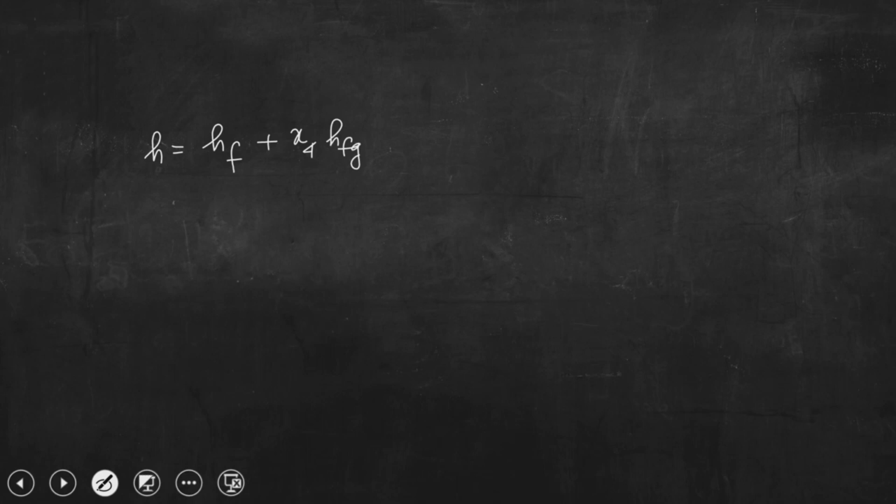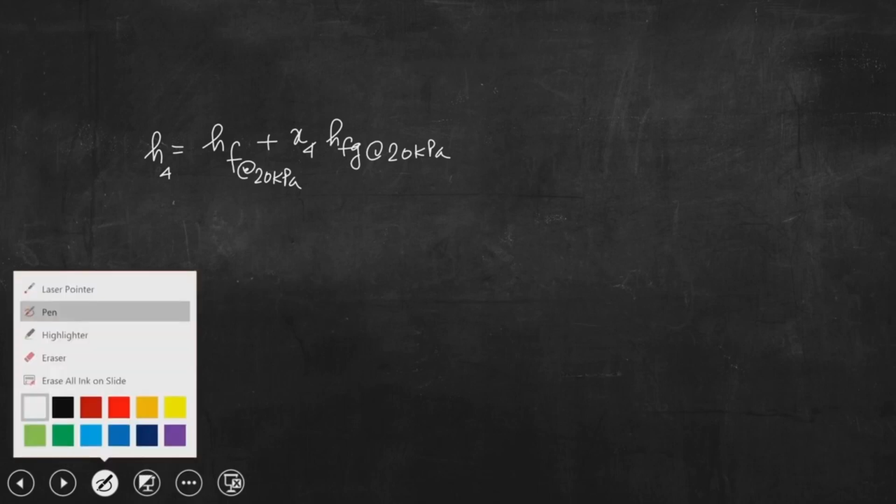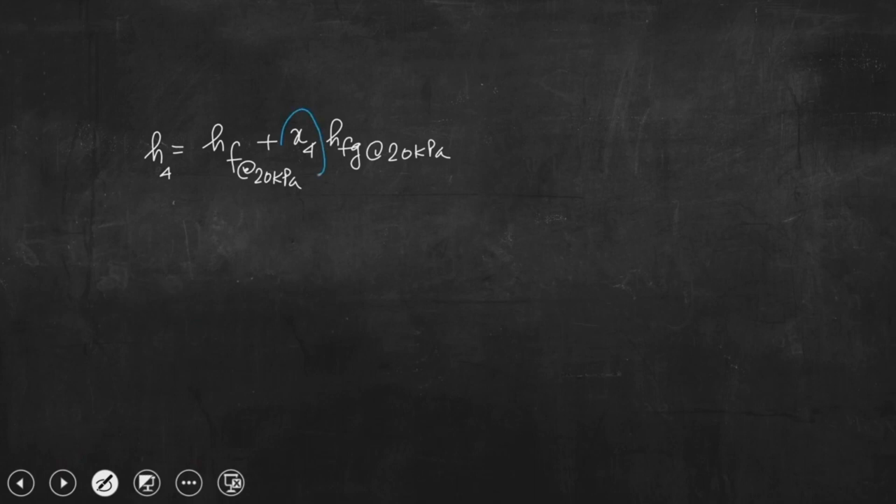So, if we try to calculate enthalpy at state point 4, then we need enthalpy at 20 kilopascal plus x4 into Hfg at 20 kilopascal. That we will get from the steam table, provided we know the quality.